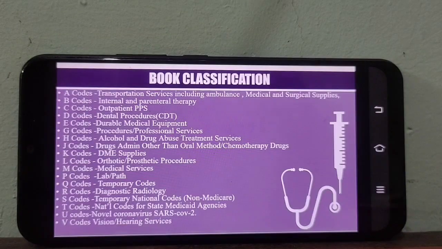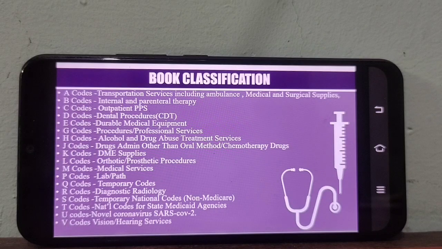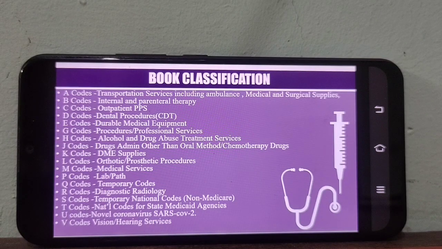So this is the book classification of HCPCS. The book has been classified, meaning the codes are categorized from A to V based on the supplies. Based on the material, the codes are categorized. For example, transportation services are present in A codes, including ambulance, medical, and surgical supply codes.